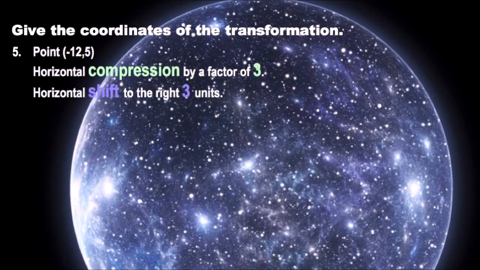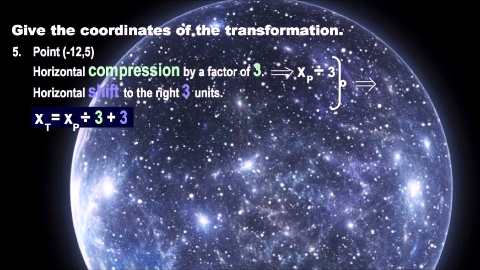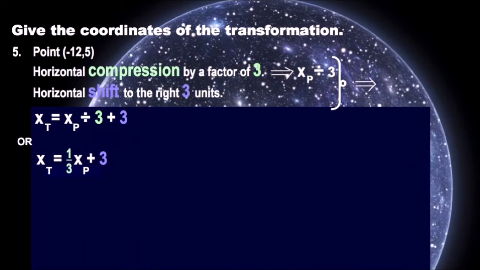Point of coordinates (-12, 5). Horizontal compression by a factor of 3. Horizontal shift to the right 3 units. Thus, x parent divided by 3. Therefore, x transformation equals x parent divided by 3 plus 3, or x transformation equals 1/3 x parent plus 3.